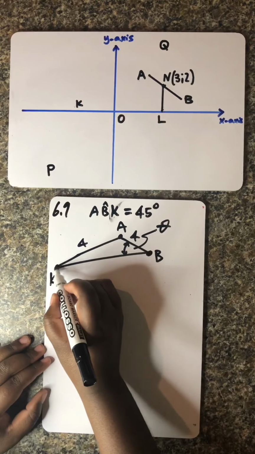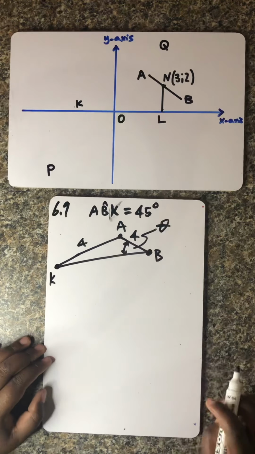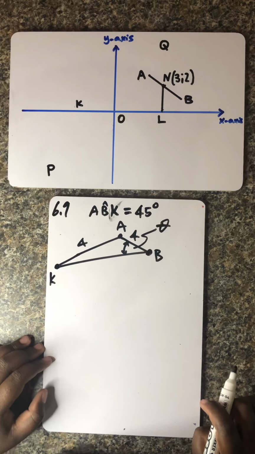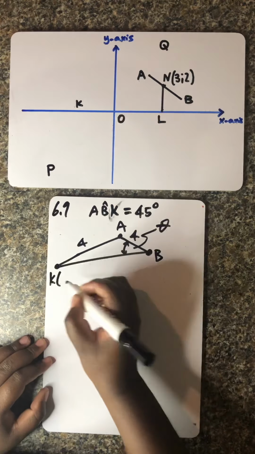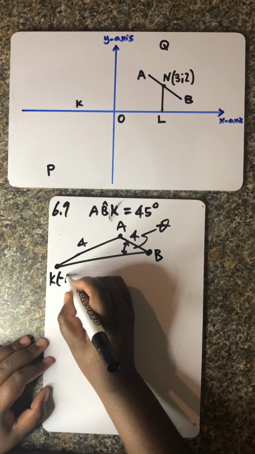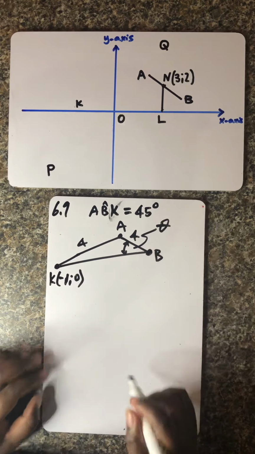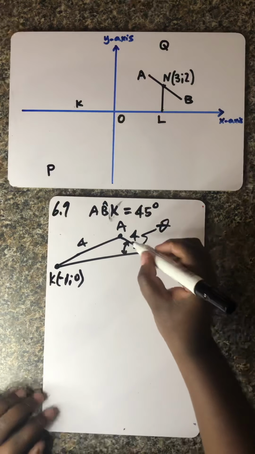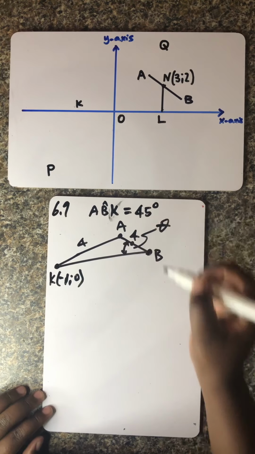So how about we try to calculate the length of KB? I'm not sure we'll be able to do that, because we know this is -1 and this is 0.